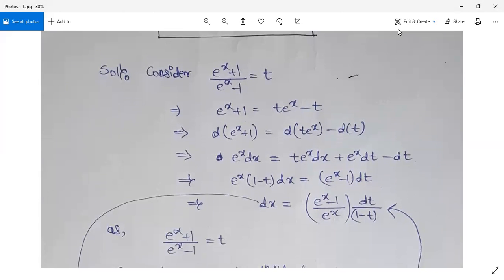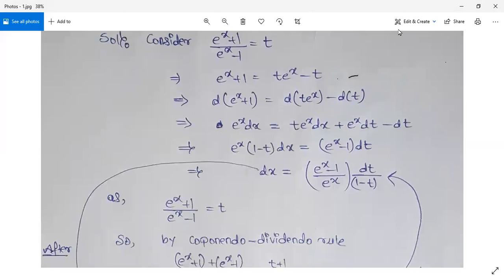Then we will differentiate both sides. So we have put d on both sides, and using the rules of differentiation, I first differentiated e^x, and then I differentiated 1. As we all know, 1 is a constant, so the differentiation of any constant is just 0, and the differentiation of e^x is just e^x. So d of e^x is e^x dx.